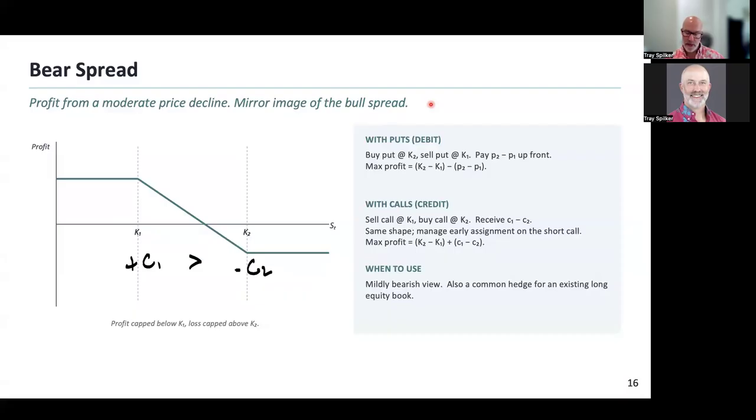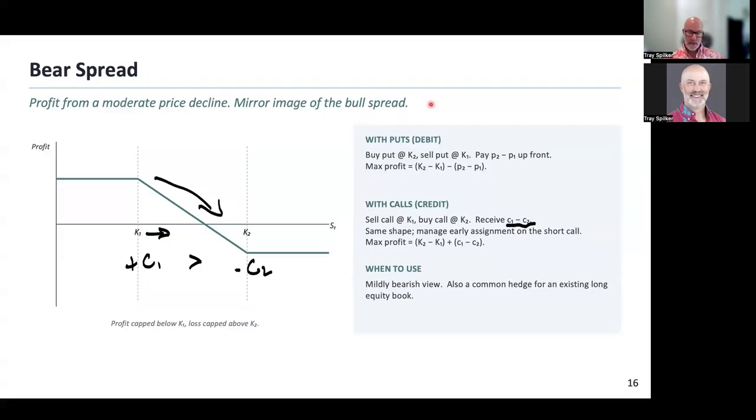So on the front end, we receive the difference between C1 and C2. So it has the same shape again. The only challenge is we have to manage the early assignment on the short call, meaning when the share price crosses through and above K1, whoever we sold that contract to is going to exercise against us, right? They're going to put the stock on us for that price, which means we participate on the downside, as it were.